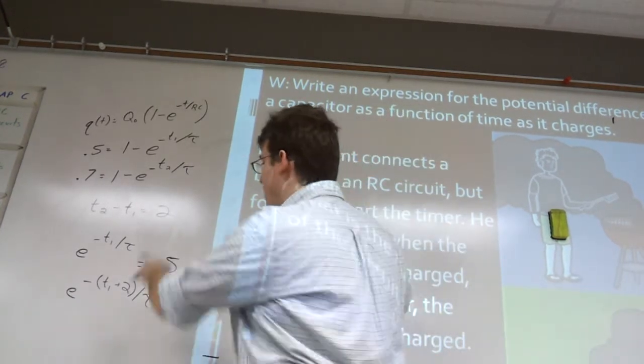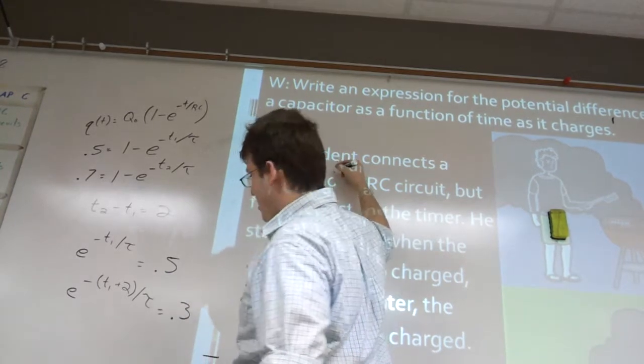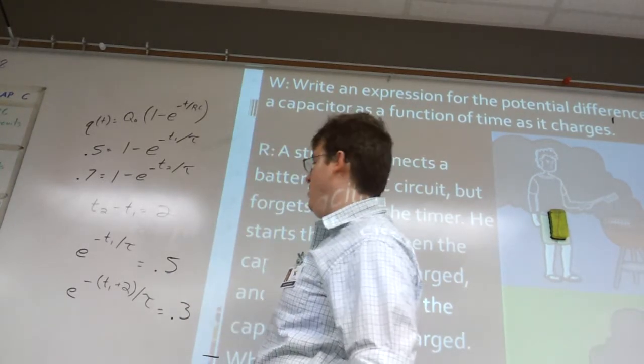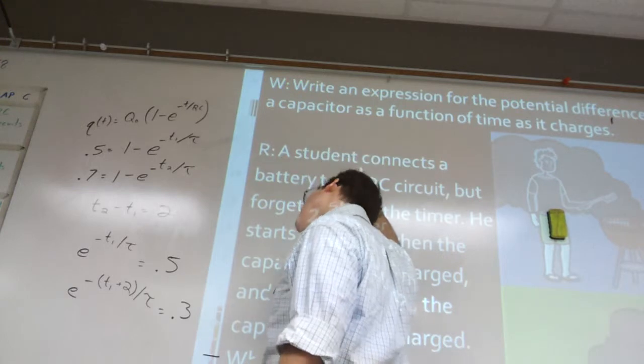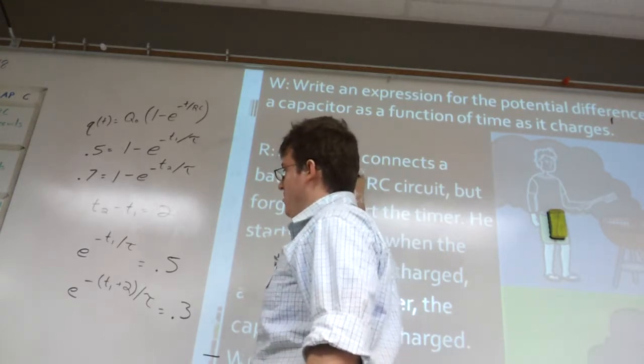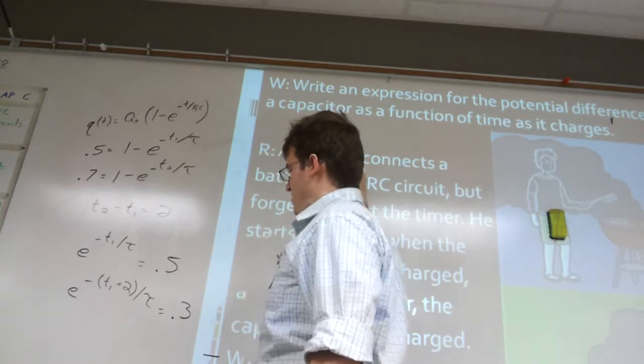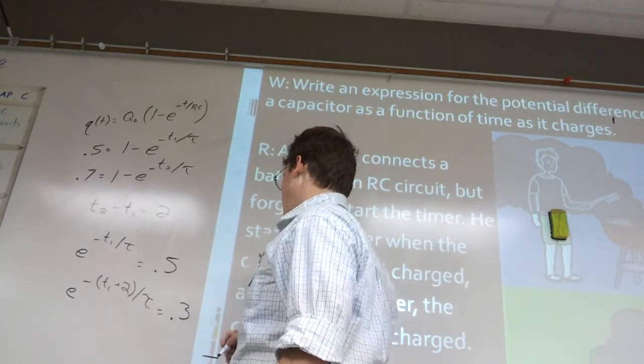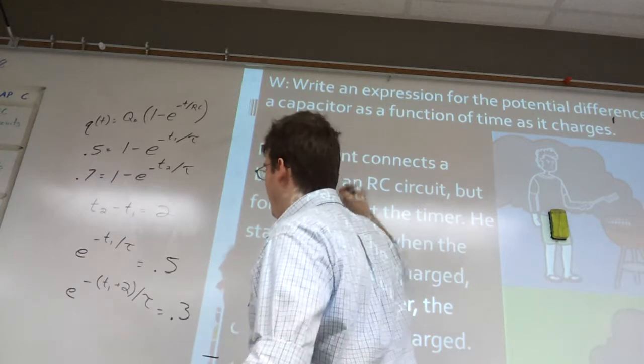All right. So natural log both sides. Could you add 0.2 to the bottom one and then just set them equal? You could, sure, but I would ln both sides. Actually, wouldn't it be easier to natural log both sides? Yes, it would be.